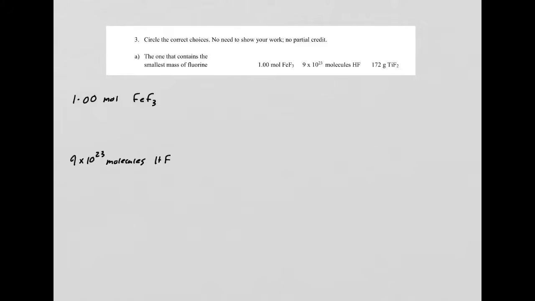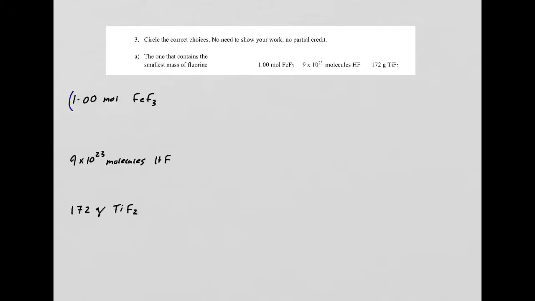And then I have 172 grams of titanium fluoride. All right, what I'm going to do, I want to convert everything to moles of fluorine or mass of fluorine, and then decide which one contains the smallest mass. All right, so let's do this together.